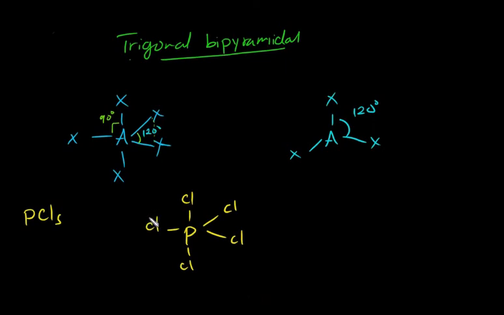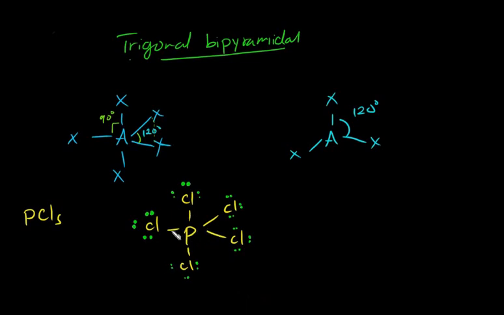So each chlorine has 3 lone pairs, and the same for the rest of the atoms.